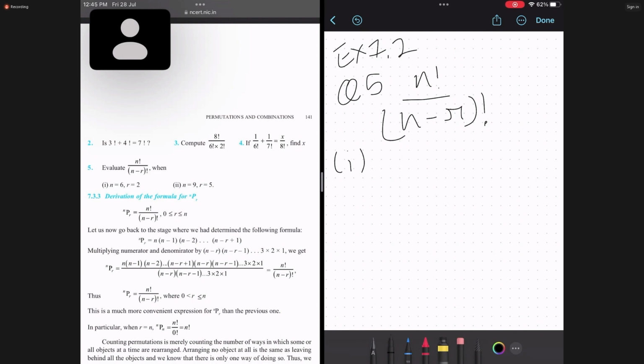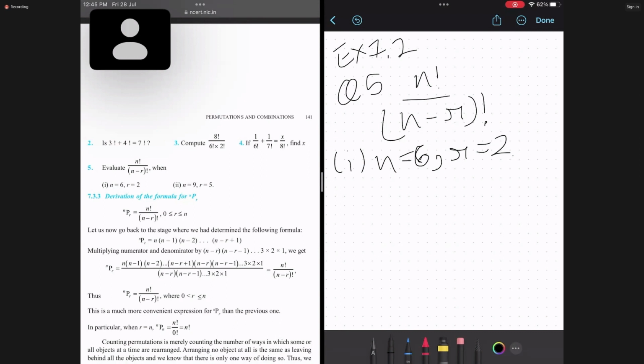The first part says that n equal to 6, r equals to 2. Correct. This is the first part of the question, and this is also fairly straightforward for you to solve. This just involves calculation on your part, but I am going to solve it for you regardless.